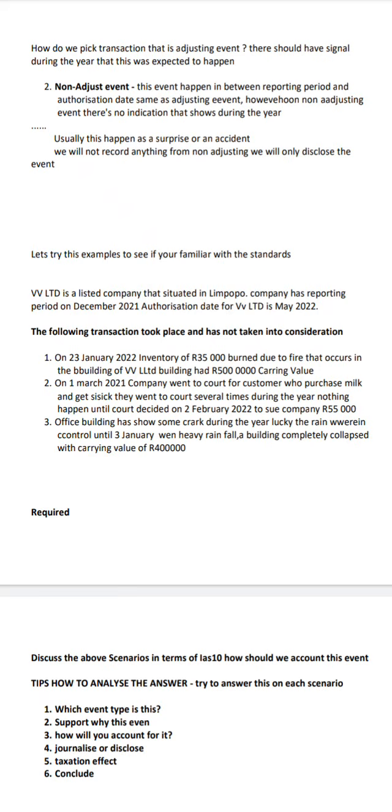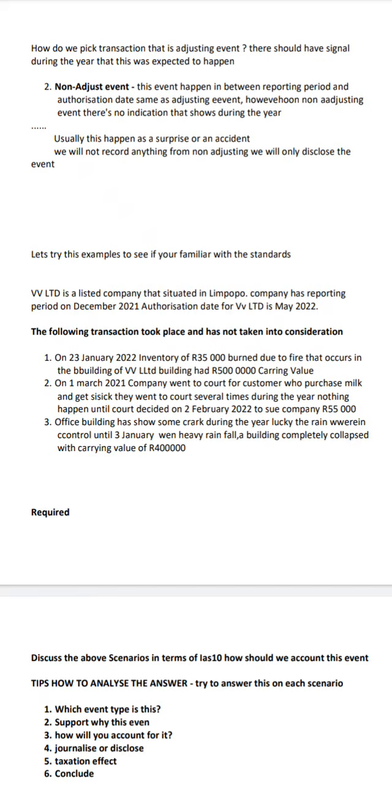Then you show the journals. How is this going to affect taxation? We're going to do this one after IAS 12. Then after that you conclude that this transaction falls under a non-adjusting event and will only be disclosed. Then you indicate that it will be recorded in the following year.